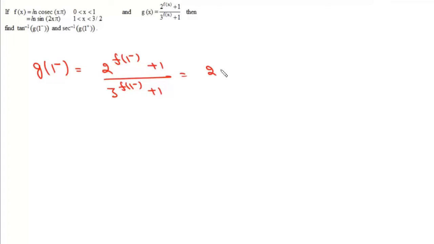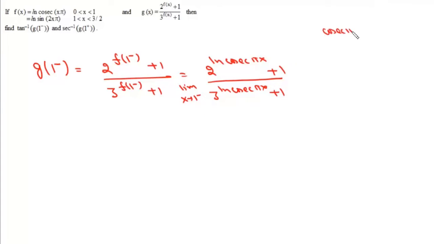So it will be 2 to the power log cosec pi x plus 1 upon 3 to the power log cosec pi x plus 1 when this limit x tends to 1 negative. Now if we put x is 1, we know that cosec pi is infinite and will be this log infinite.